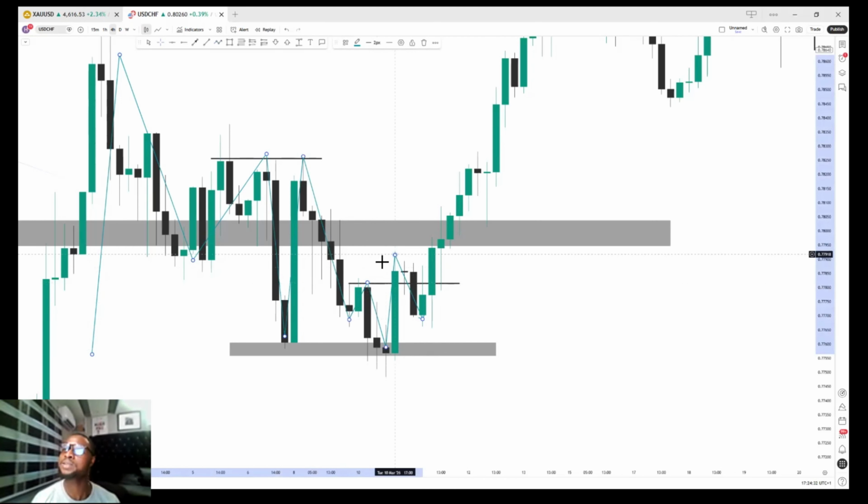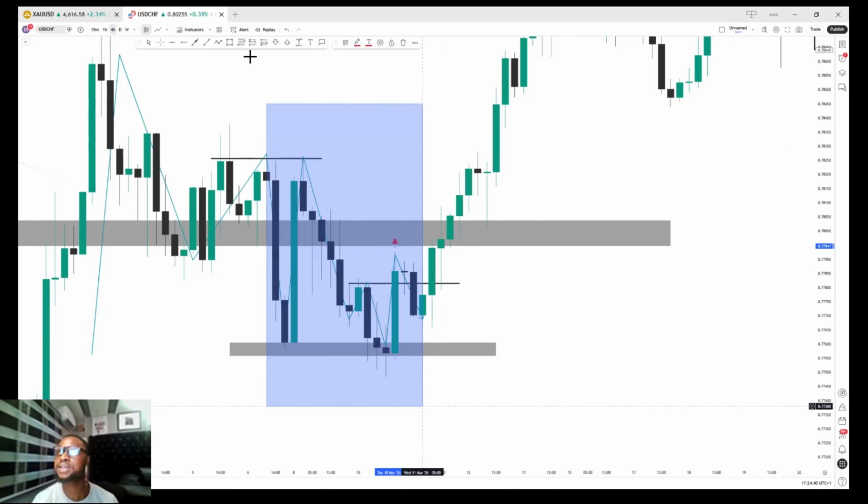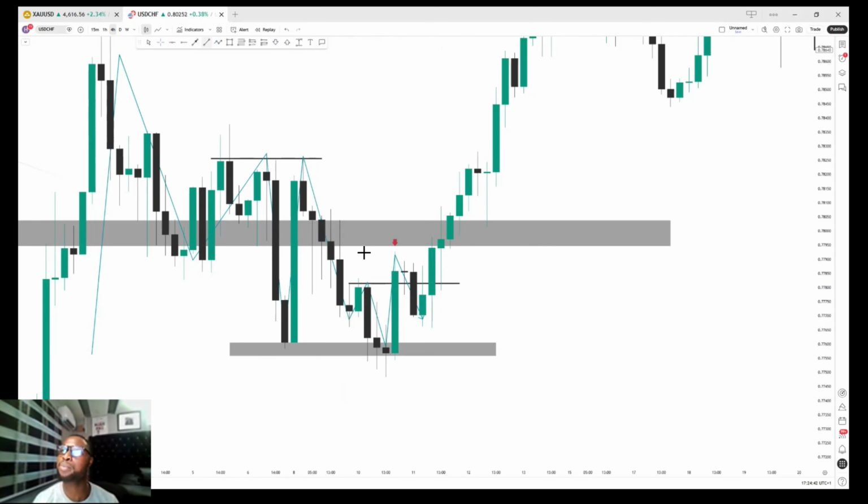So now sellers again jumped in over here, to see if they can continue the trend that is happening right here. They are trying to see if they can push the market lower again.